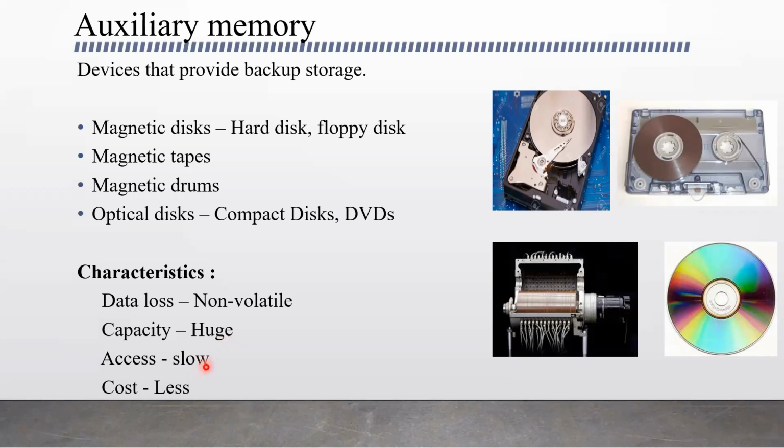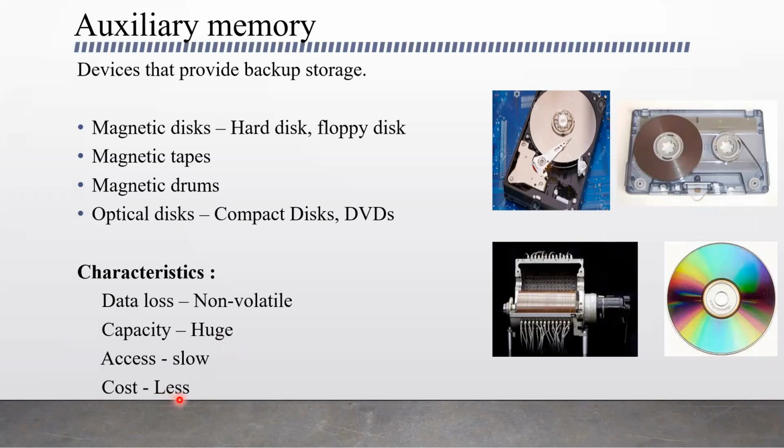In the hierarchy we have discussed, this comes in the lower level. Hierarchically, from the fast devices to slower operating devices, if we arrange them in a hierarchy, this comes in the lower level. Here the access is slow compared to main memory and cache memory. Those are very fast operating devices, fast access memories.